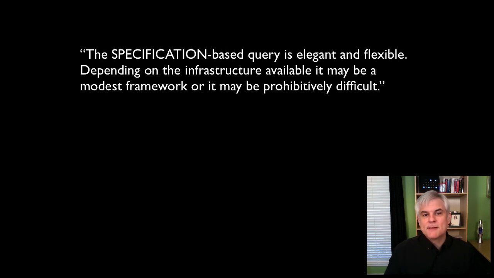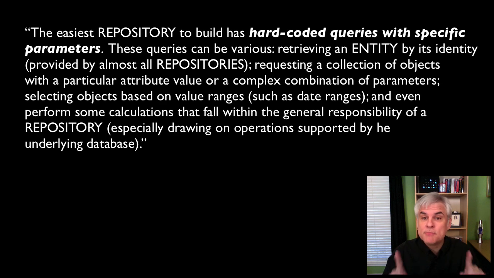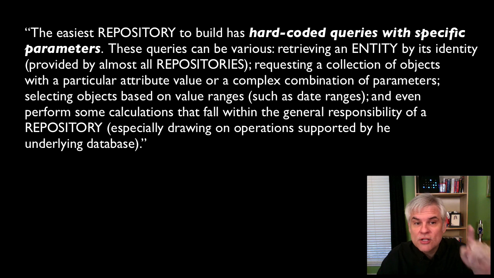He says the specification-based query is elegant and flexible. Depending on the infrastructure available, it may be a modest framework or it may be prohibitively difficult. Now, in defense of the apprehension I expressed just a moment ago on whether to use finder methods or a specification-based approach, Evans does say on page 152 the easiest repository to build has hard-coded queries with specific parameters.